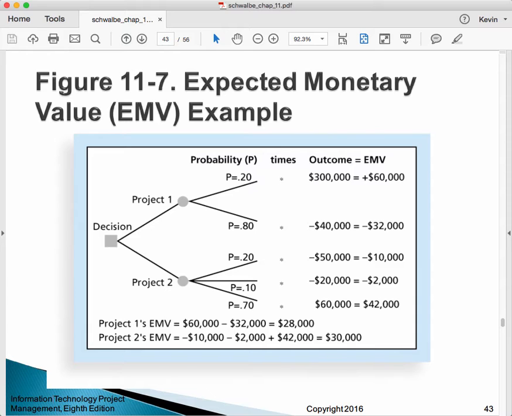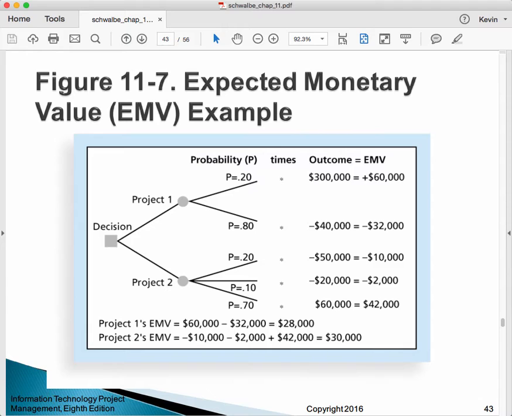Let's say we're either going to do project one or project two, but not both. In project one, there is a 20% probability that we'll have a $300,000 favorable outcome, so we'll have a $300,000 profit. There's an 80% probability that we'll have a $40,000 loss.